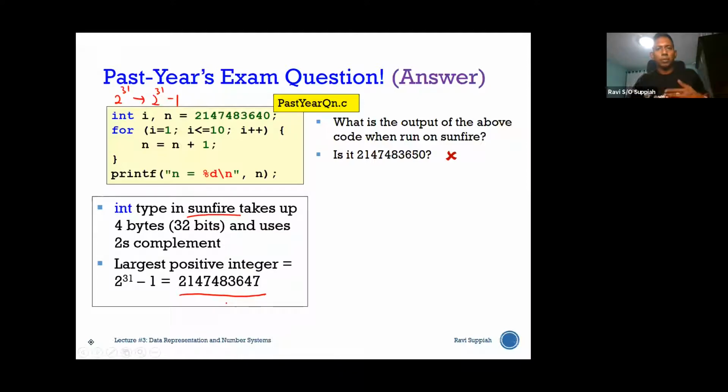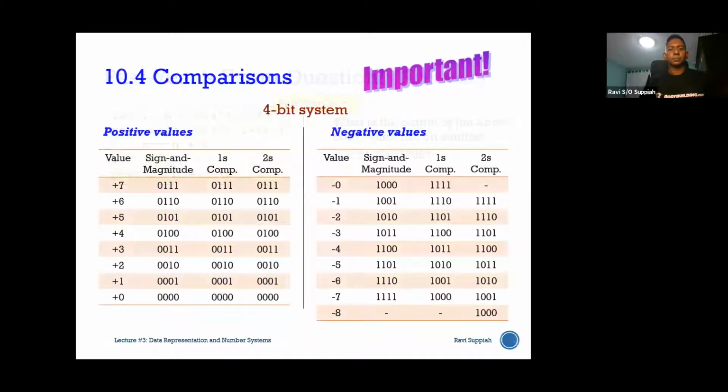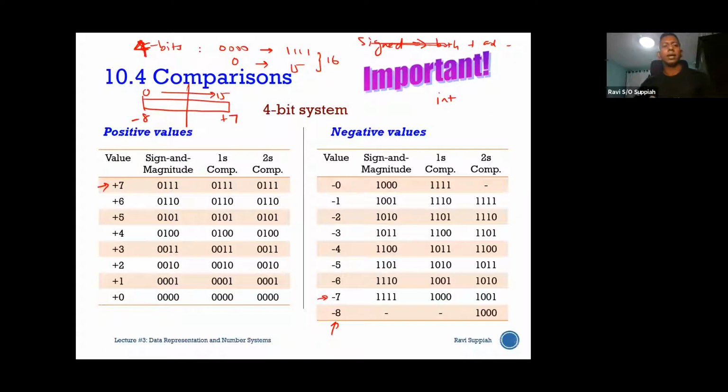So what will happen in C programming, or generally in programming, when you write code and you're already at the highest value and you want to add 1 to that? Coming back here, similarly, when I count 0 to 15, after 15, if I add one more and I only have 4 bits, I will roll over to 0 and start again.